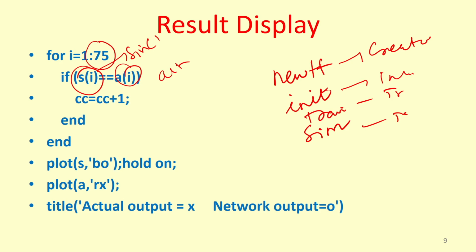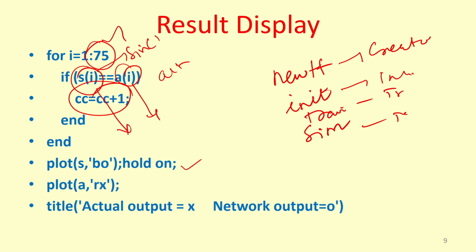Totally how many samples have we taken for testing? 75 samples. For each S of i, there is a comparison with the corresponding A of i. If the simulated output matches the actual output, then we increment a counter. That means one variable is set to classified correctly, accordingly for all the 75 samples.